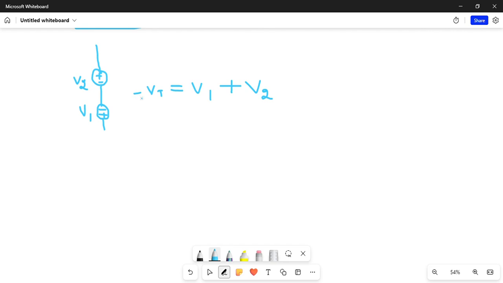You are going to get Vt is equal to V1 minus V2. Right? So when the polarities are the same, it is V1 plus V2, and if you have different polarities, then it is V1 minus V2.